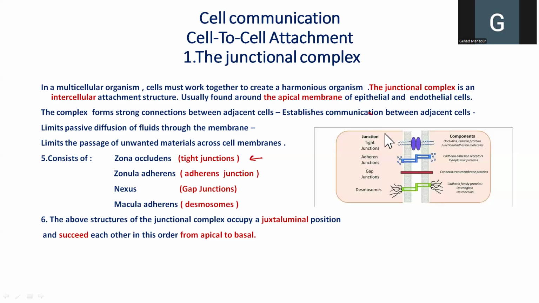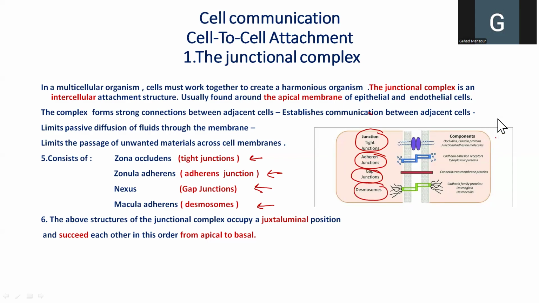This is the tight junction, okay? And it also consists of the zonula adherens or the adherens junction, which is the second one. And then the gap junctions or the nexus. And finally, you have the desmosomes. And the desmosomes have another name, which is macula adherens.